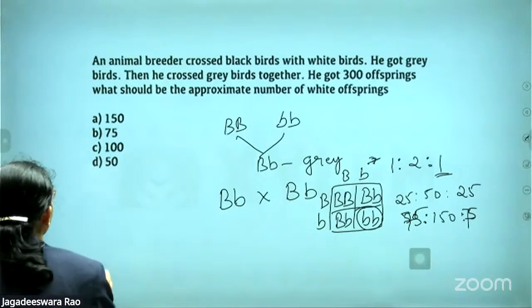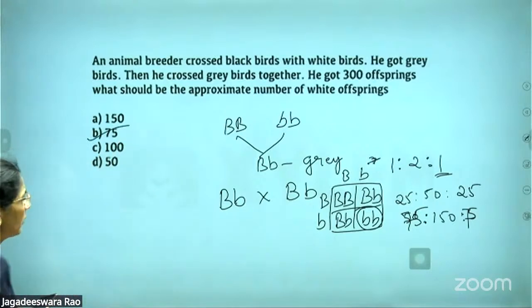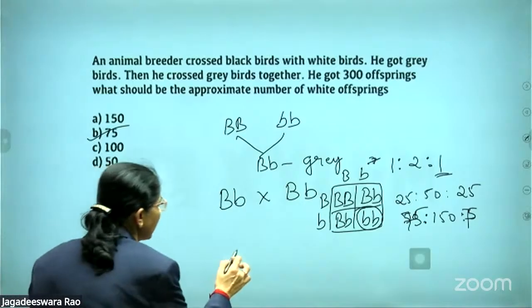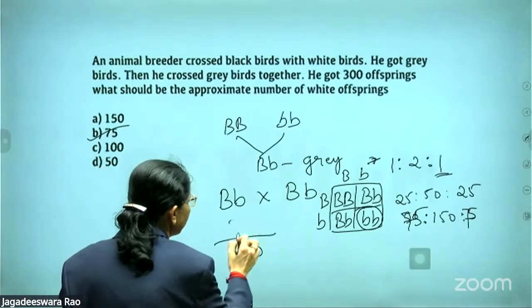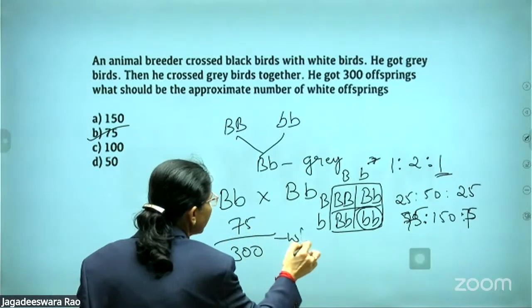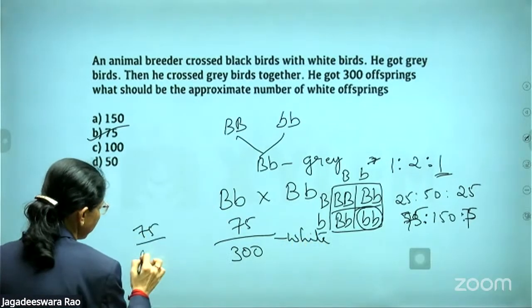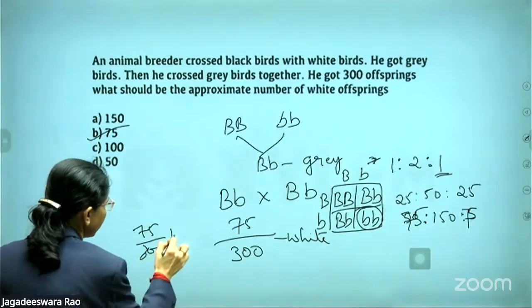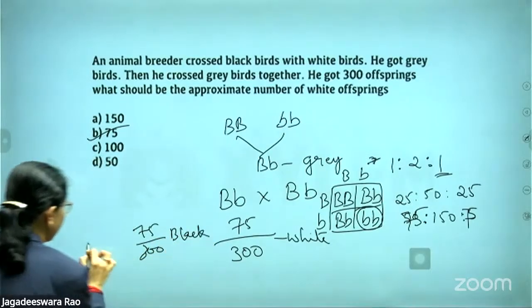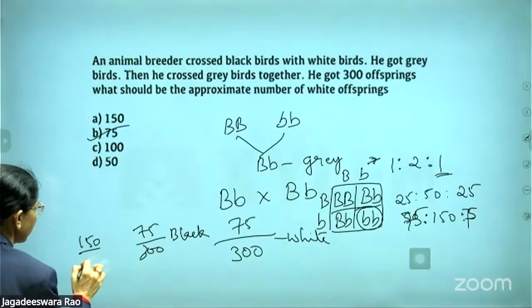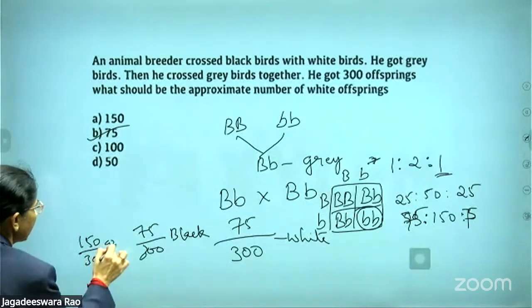Where is it? Option B. 75 will be white offspring. 1:2:1 ratio. Out of 300, 75 white, 75 black, and 150 out of 300 will be gray in color.